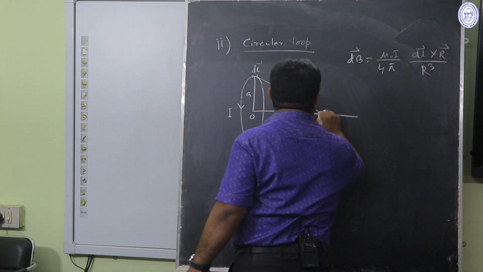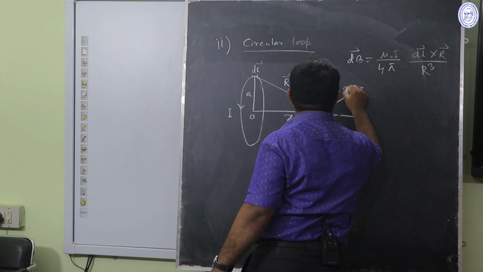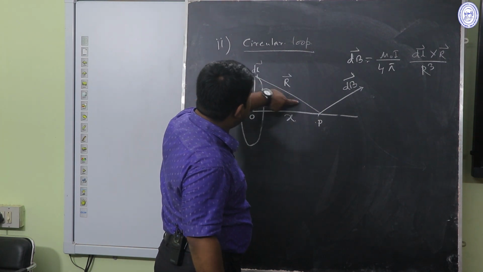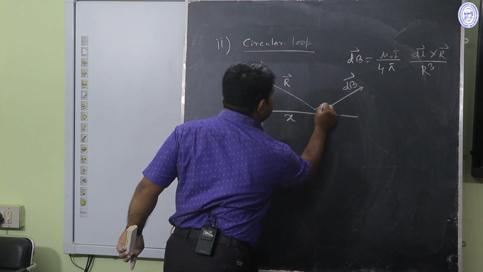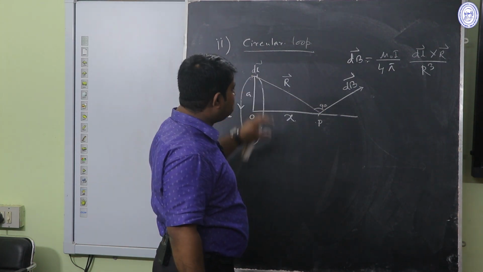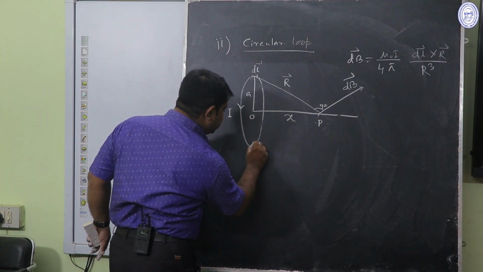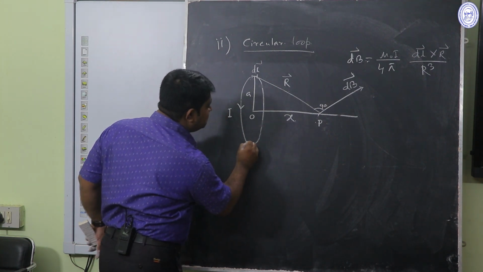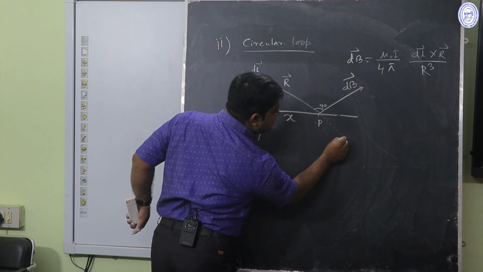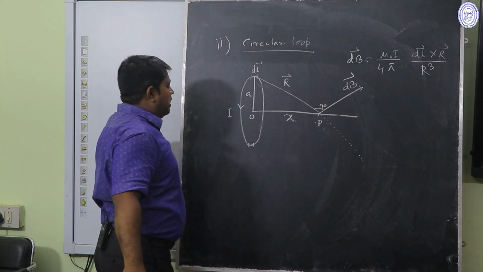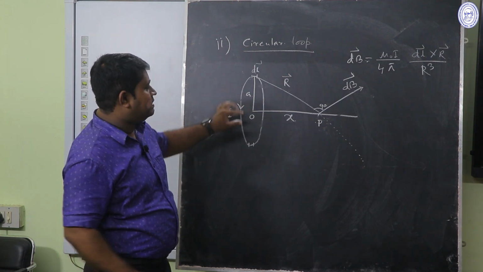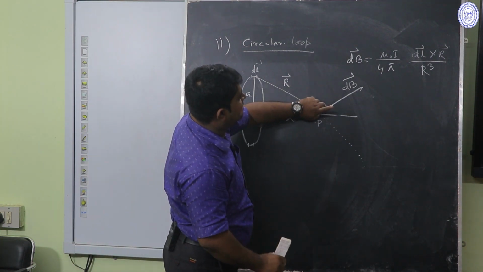Suppose dB is the direction of the magnetic field. This direction is perpendicular to r, that is, this angle is 90 degree, and also perpendicular to dl. If we take the elementary length dl here, then the direction of the magnetic field is like that. And if we consider the elementary length at this point, then the direction of the magnetic field is like that.